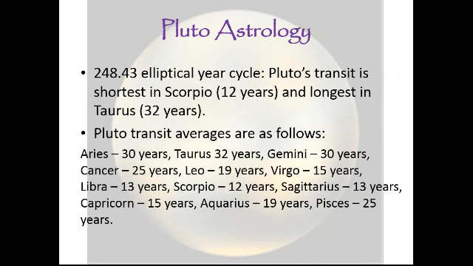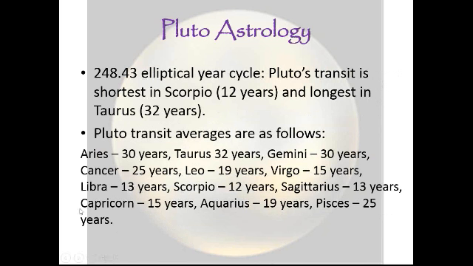A little bit more for you on Pluto astrology. That 248-year cycle, its shortest transits are always through Scorpio, only 12 years, and its longest transits are through Taurus, 32 years. And as you can see on the screen, I've listed the approximate years that we see Pluto when it travels through all 12 signs of the zodiac.